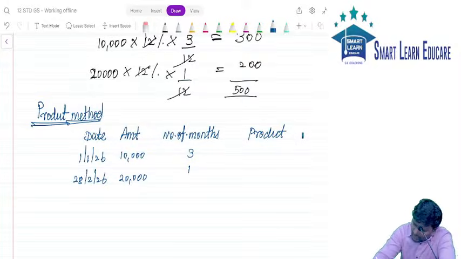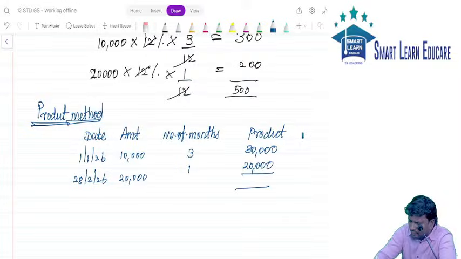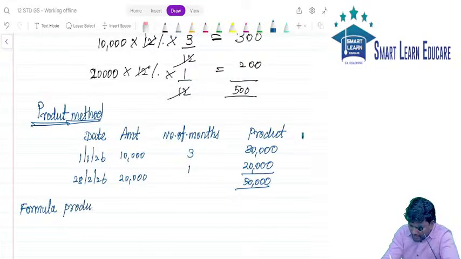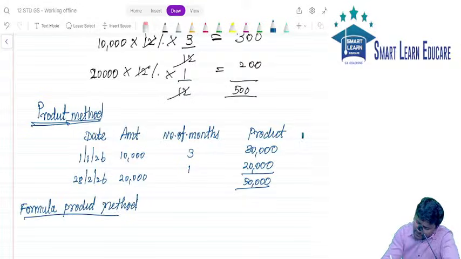So 10,000 into 3 gives 30,000. 20,000 into 1 gives 20,000. Total product is 50,000. What is the formula under the product method? It is very simple.